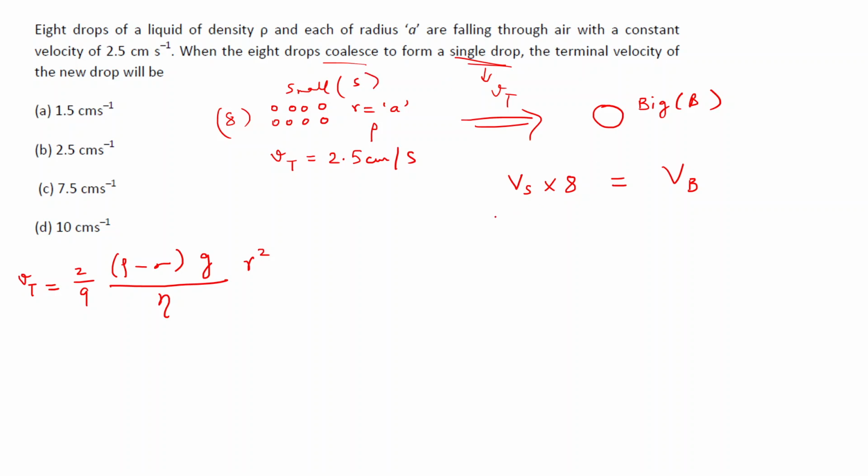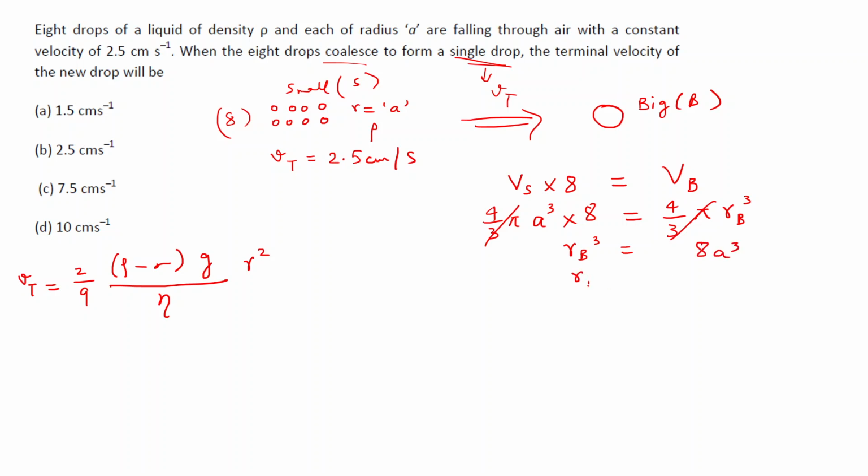So the volume for this 4 by 3 pi r cube times 8 is equal to volume of this 4 by 3 pi r cube, let's call it B, that radius of big drop. 4 by 3 pi will be cancelled, so the value of RB cube is 8a cube.